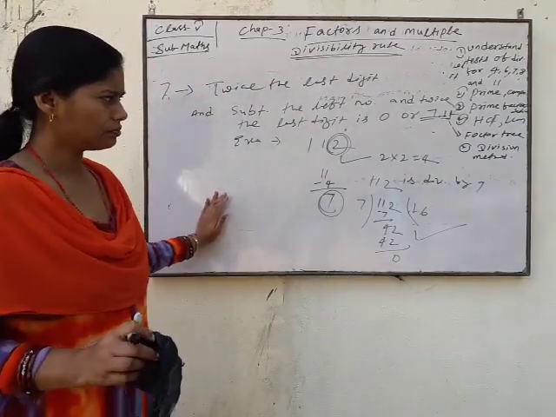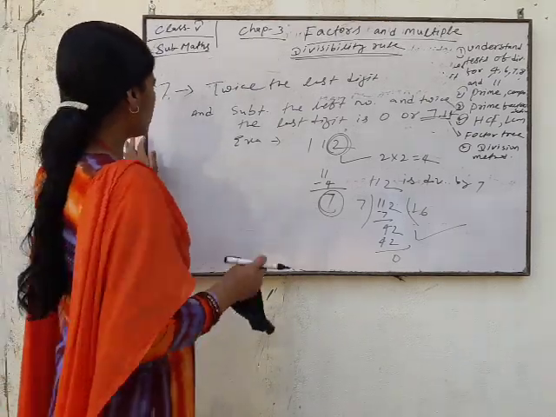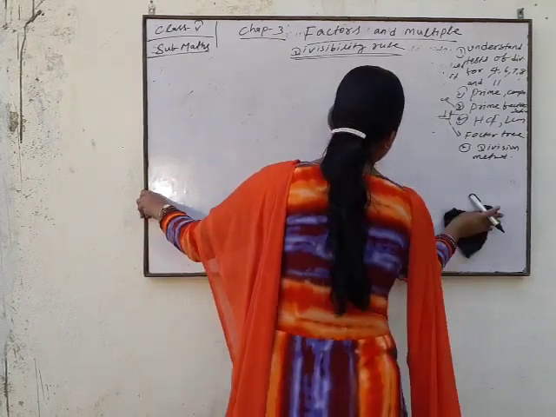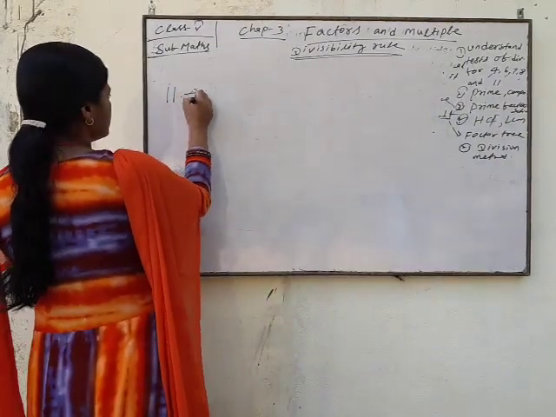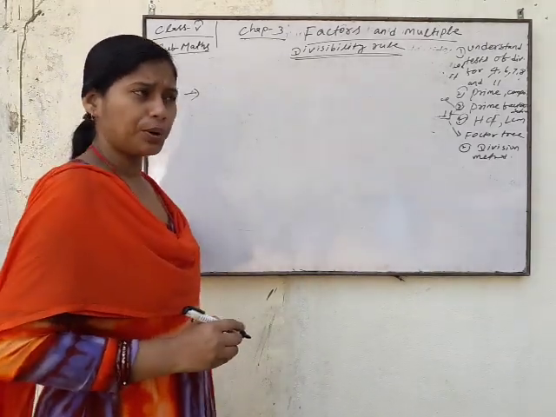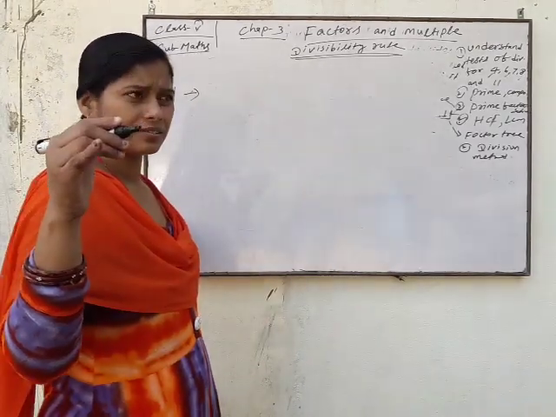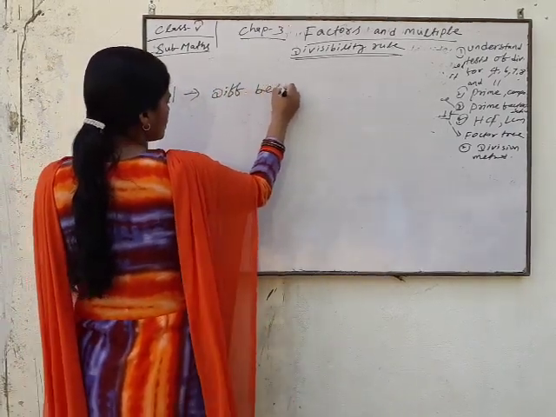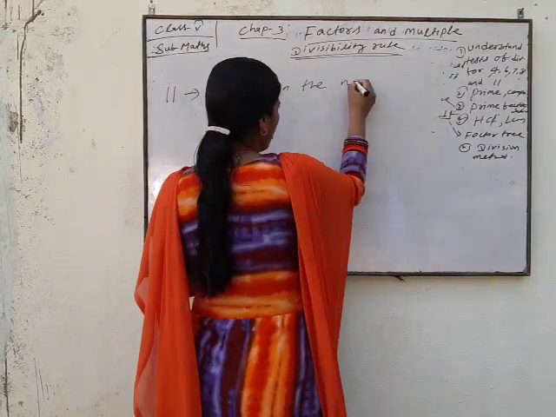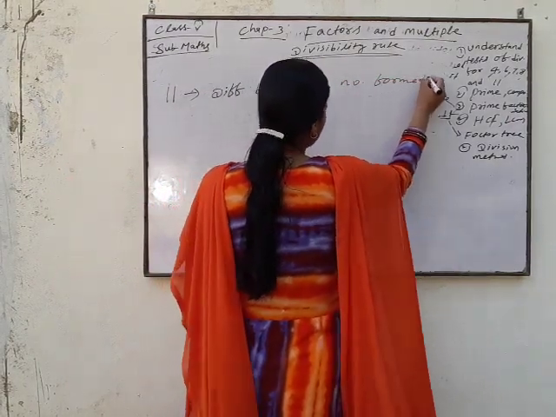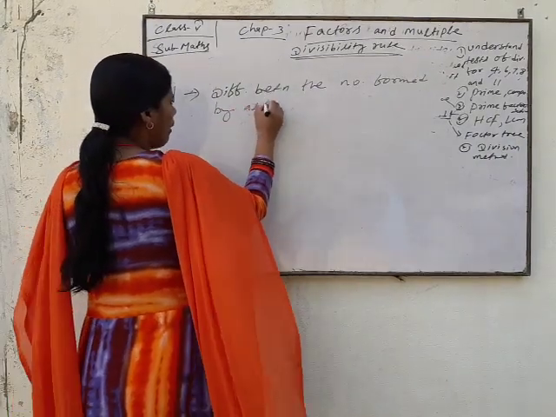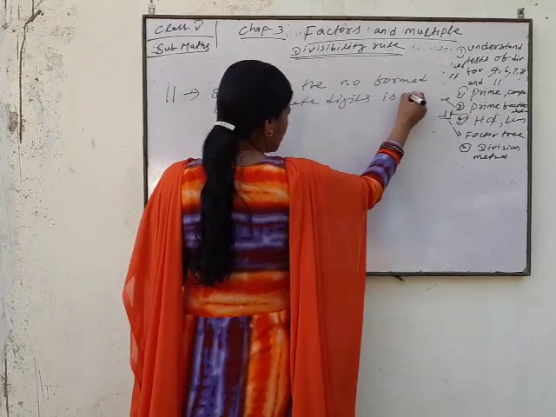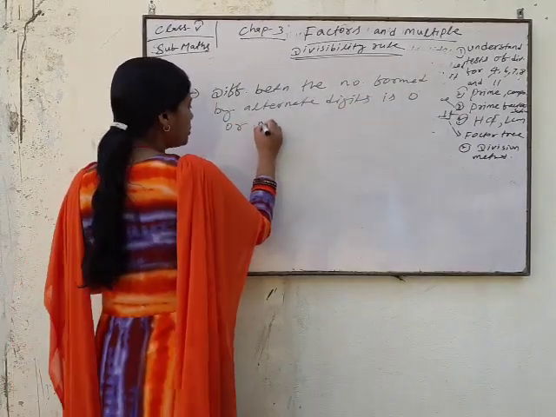Now the divisibility by 11. The difference between the alternate digits, that is, the difference between the numbers formed by alternate digits, is 0 or a multiple of 11.